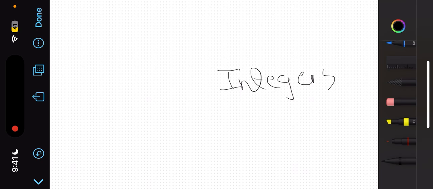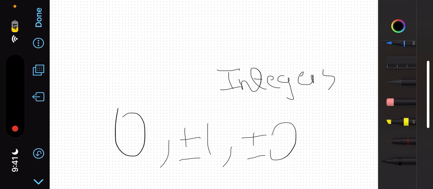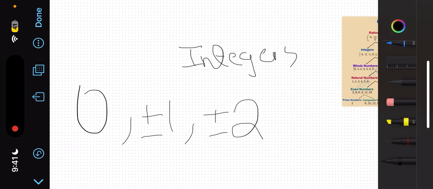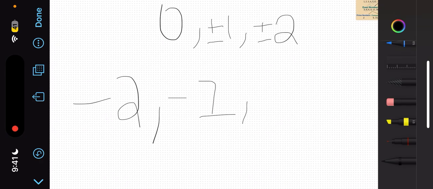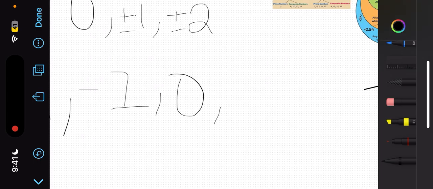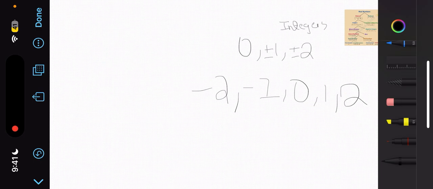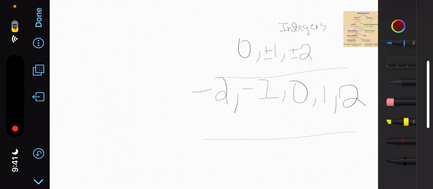Integers go like this: plus minus 1, plus minus 2. Don't think that you have to write plus minus. You can also write like this: minus 2, minus 1, 0, 1, 2. Both are correct.